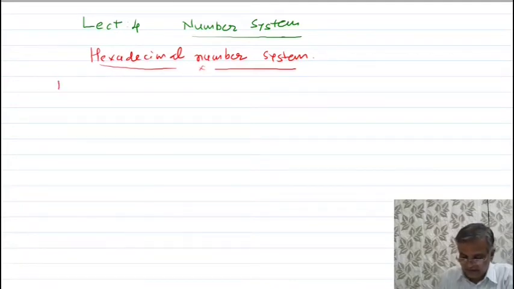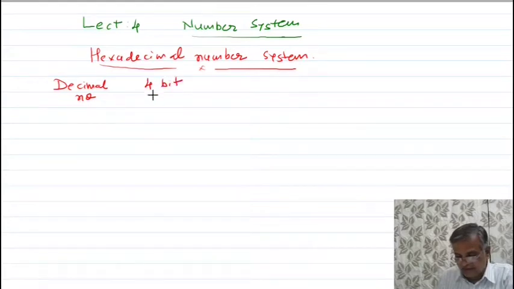I am writing the decimal number here, then the 4-bit binary, then the hexadecimal number.